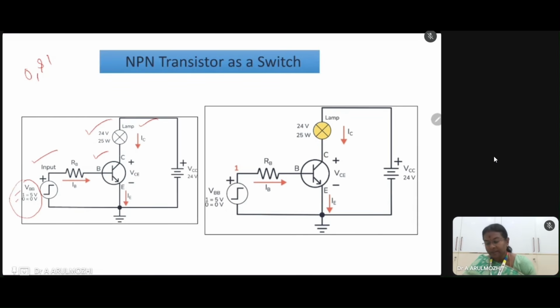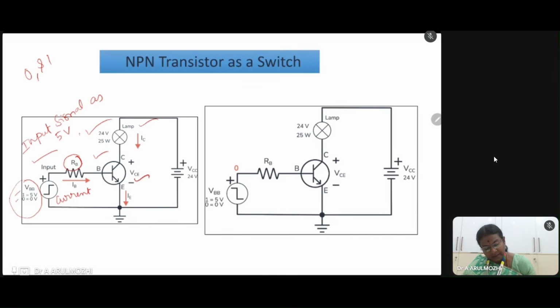And here, if you see, I have set the input signal as 5 volt, and current flows through this RB, which causes the transistor to act as a switch, which means it turns on the lamp.